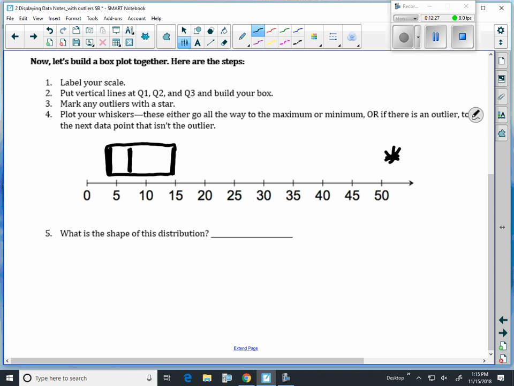Those come from your max and your min. But what was our maximum of our data? 52. We cannot use 52 because it's an outlier. So you go to the next largest number, which was 20. So you're going to put your whisker at 20, because 52 is an outlier. Then you plot your minimum, which was 2.